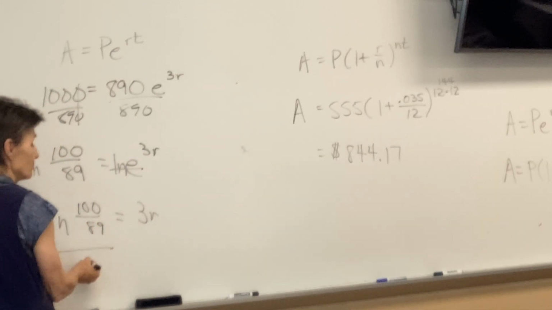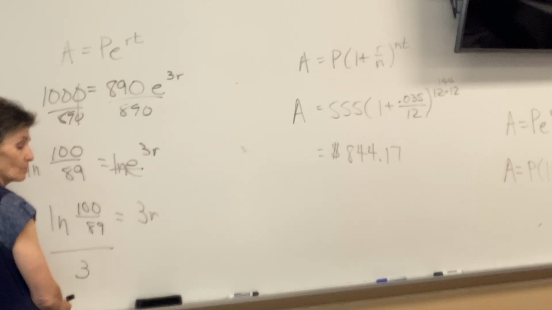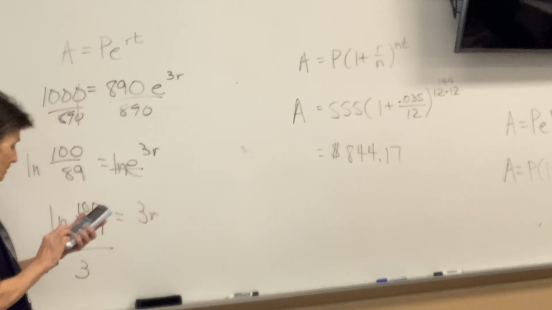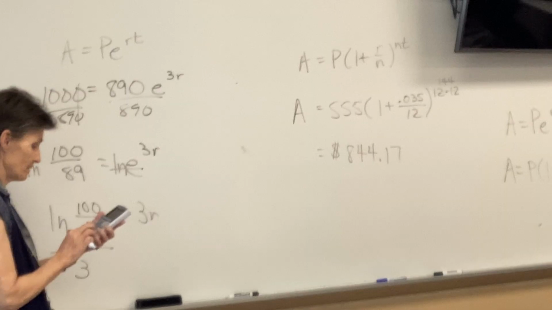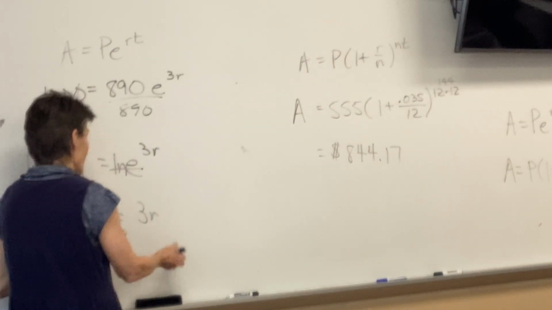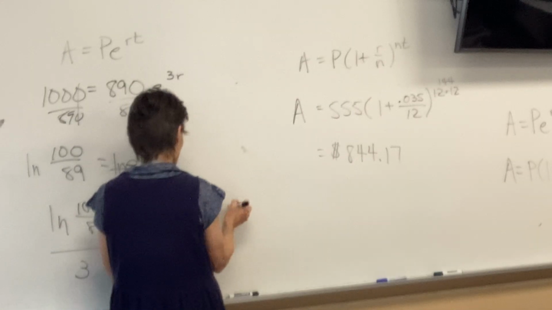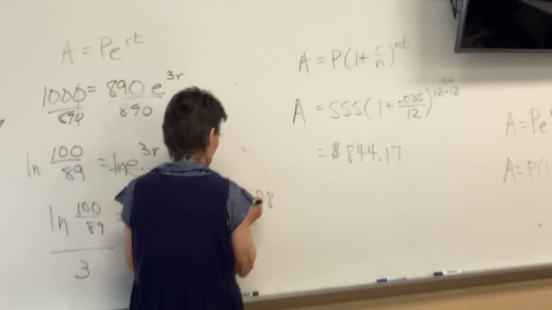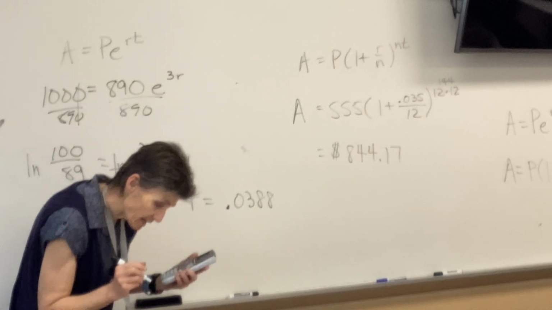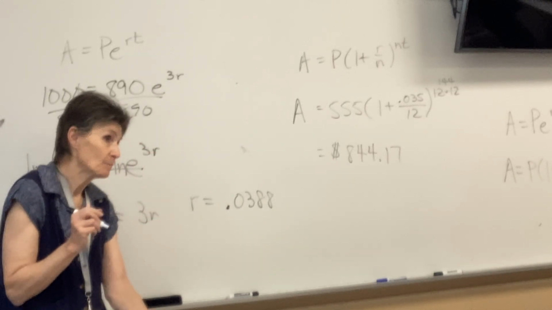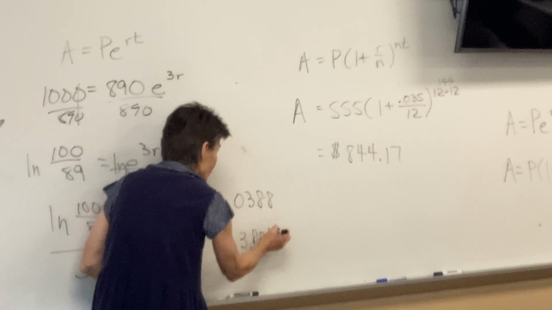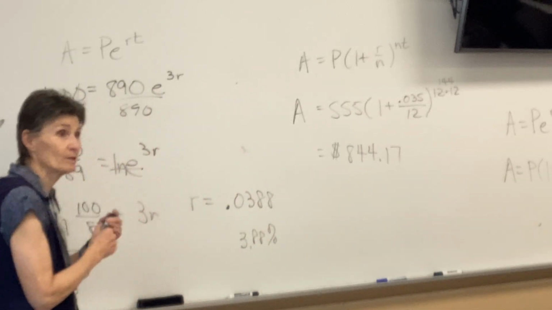And then we will divide by 3. ln 100 divided by 89 divided by 3. Now, be careful. I got a decimal, 0.0388. But the question says, find the interest rate. So isn't this 3.88%? Wouldn't that be my actual interest rate? Yep.